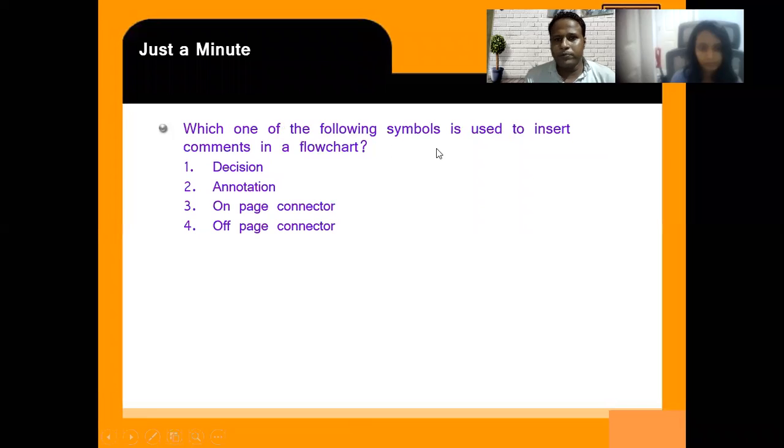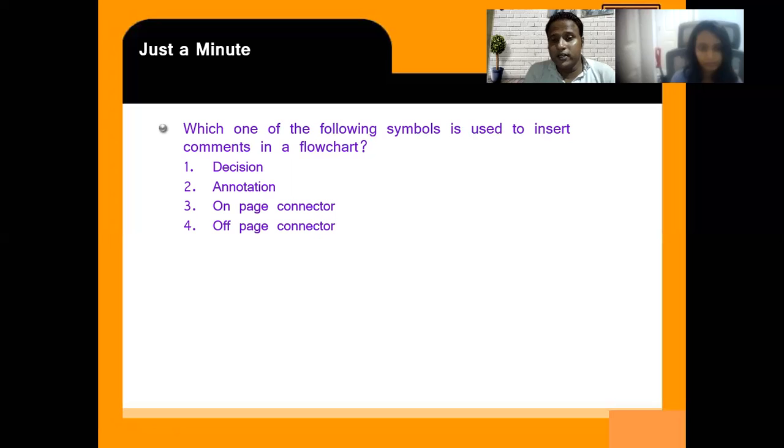Which one of the following symbols is used to insert a comment in a flowchart? You can say comments, or you can say it is a heading. Which one is used? So on-page connector, I think.